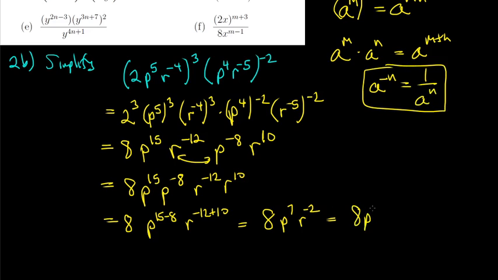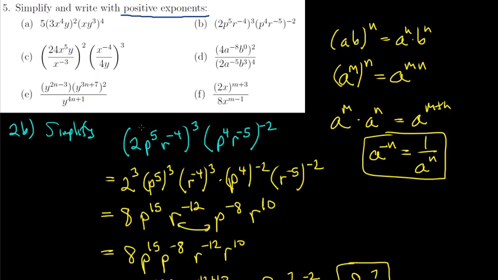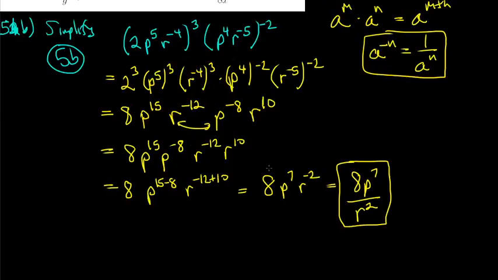So 8p to the 7 is in the numerator, and r to the positive 2 is in the denominator. So that's the answer to, oh, I'm sorry. I don't know why I'm saying it's number 2. This is number 5 here. Number 5, part B. Yeah, 5B. All right, let's go on to 5C, because that one does not look easy.